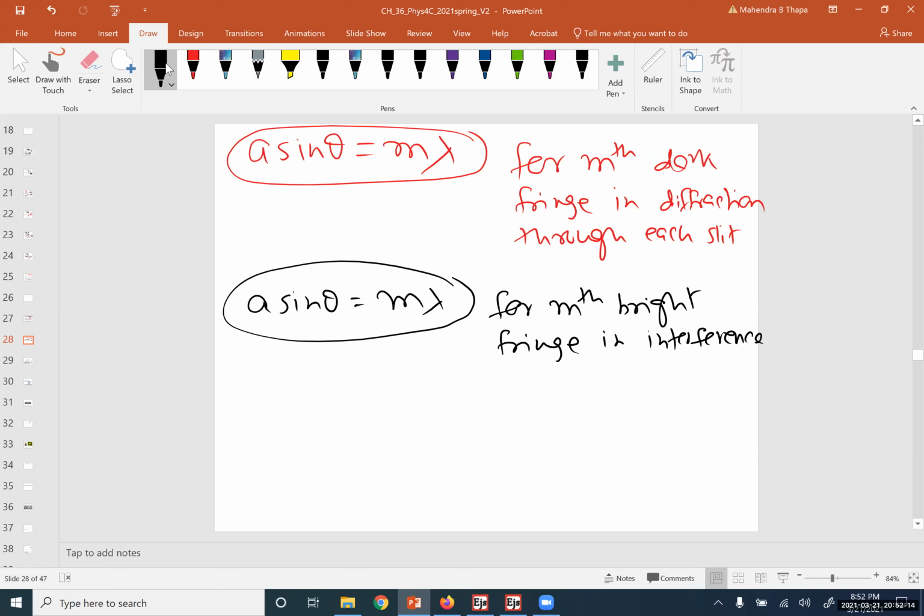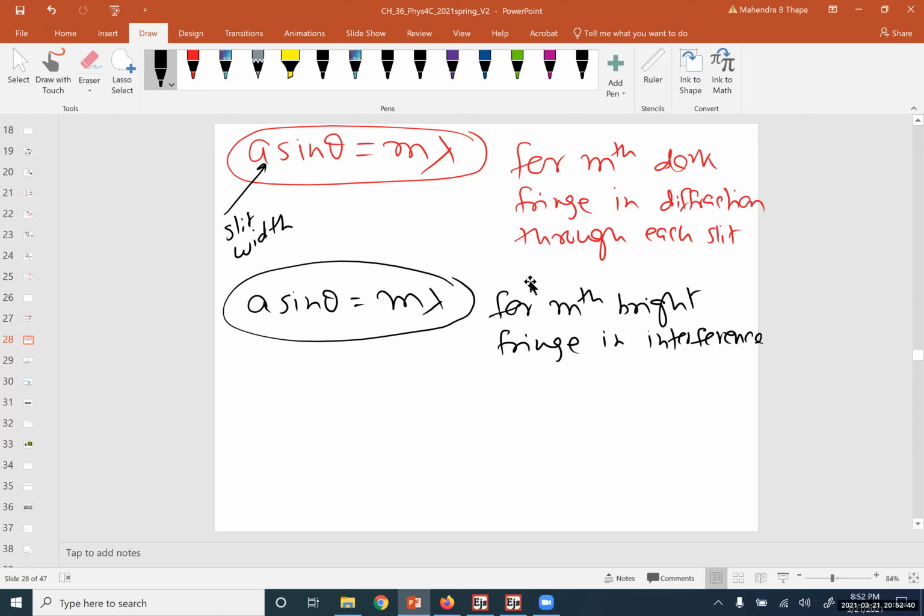So be careful about that. The equation is the same, but they represent different things. Here A represents the slit width. So at some region, the effect of interference will cancel the effect of this diffraction.